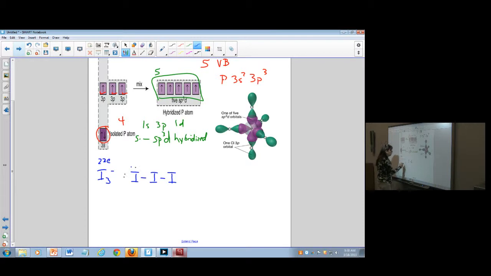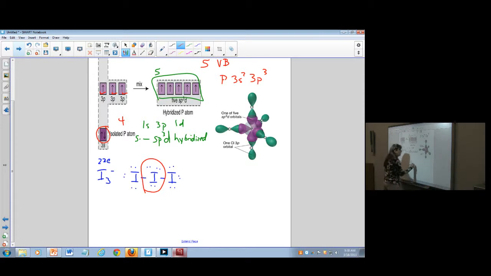So we'll put out the outer atoms, get the octet, and then you're going to end up with 3 lone pairs of electrons on that central iodine in order to get this proper structure. This is what we're going to think about hybridizing.